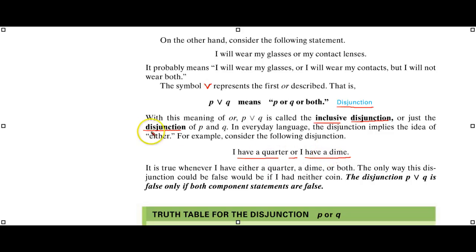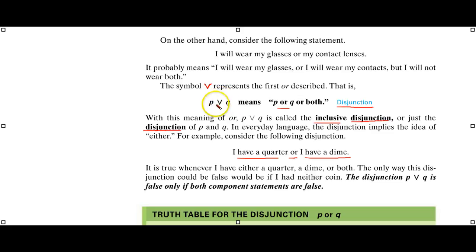So in a disjunction, only one part of the compound statement needs to be true. And the key word for expressing that, of course, is the word or.